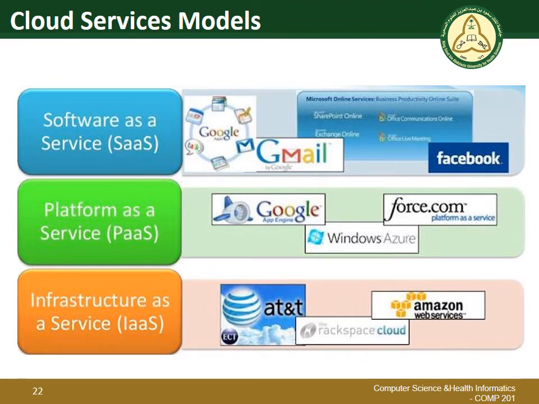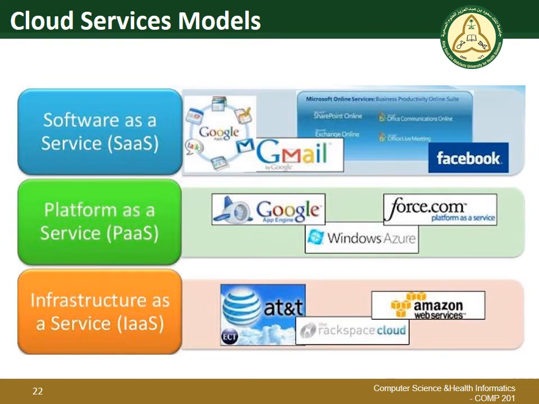Now, just to give you some examples of providers: software as a service, or SaaS, such as Gmail and Facebook, all these applications that are well known to the basic end user, the consumers, the individuals who consume technology for their daily tasks.